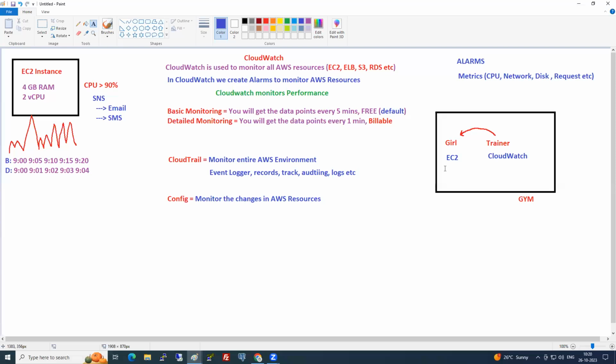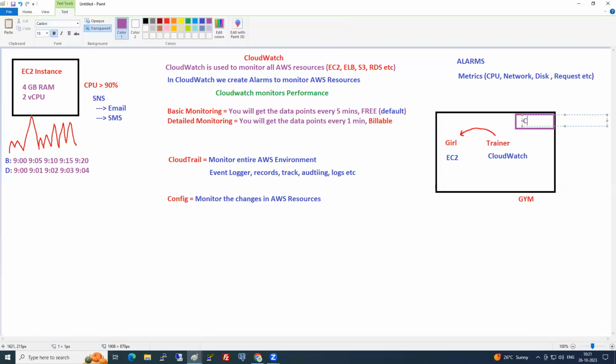But there is one more guy who is watching the performance of the trainer also. The performance of the trainer will be watched by whom? The CC camera, CCTV. CCTV is like what?